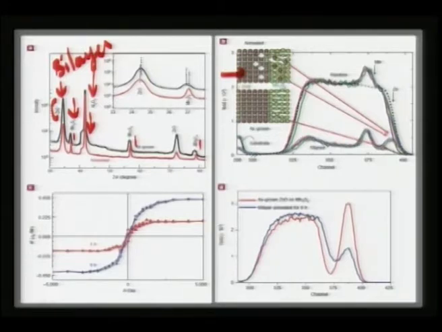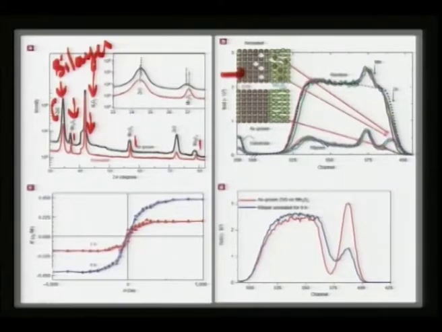If you heat the whole film, that is the ZnO Mn3O4 bilayer, then you can see that the annealed and the unannealed film both show the phases for zinc oxide and Mn3O4.